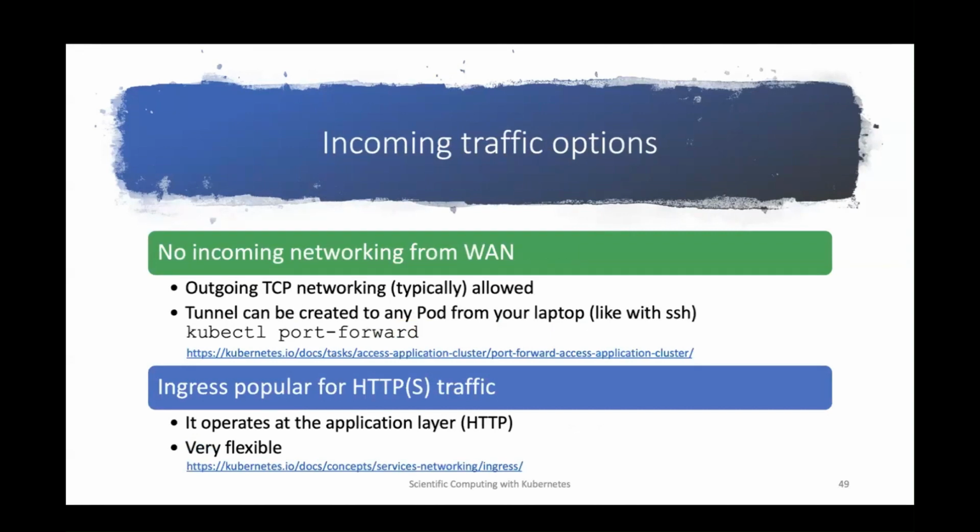As with most batch systems, you typically have no incoming networking from the WAN. You have typically only outgoing connectivity, but kubectl has a nice port-forward option that is similar to what SSH allows you with tunneling. So, for example, you can start your Jupyter notebook inside a pod, establish a tunnel with kubectl port-forward, and then attach to the web instance of the Jupyter container in a very easy way from your laptop or desktop or whatever you're using.